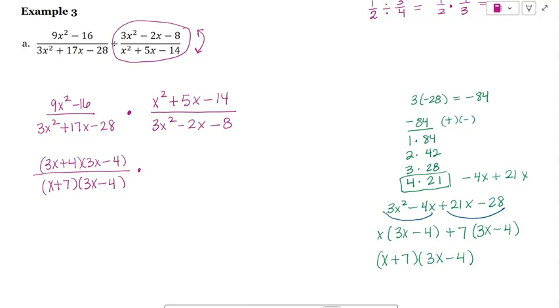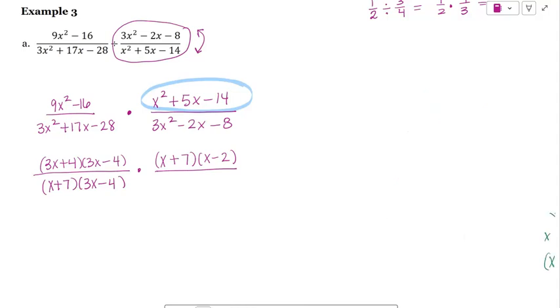All right. Moving upstairs to this guy, we have x plus 7, x minus 2. We've got to do more side work over here. All right, let me move this over. I just moved that side work out of the way so I could do some more side work.